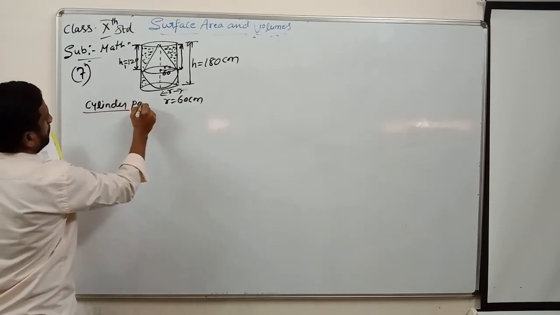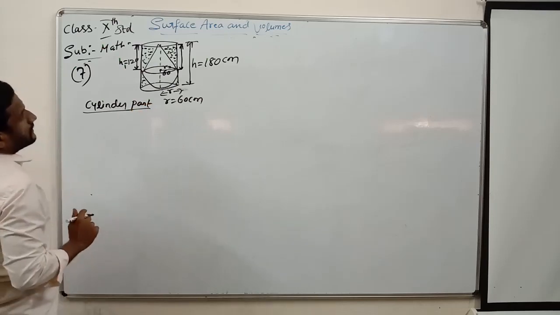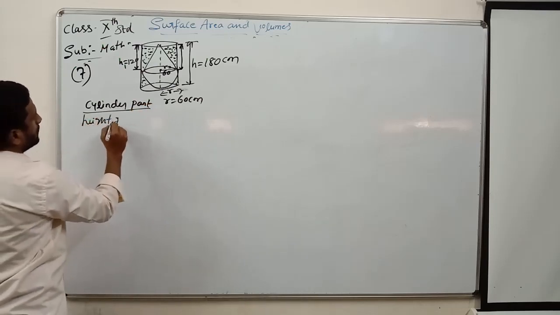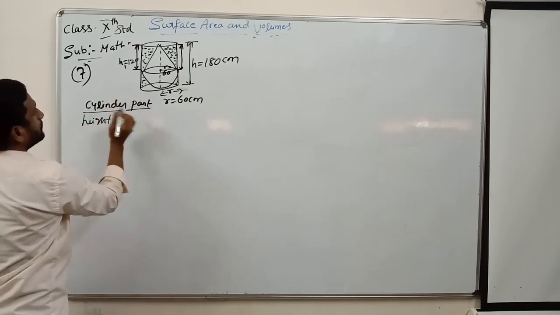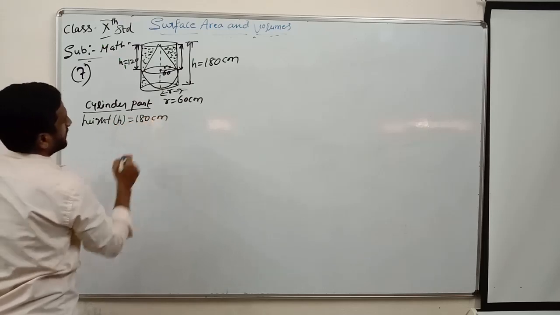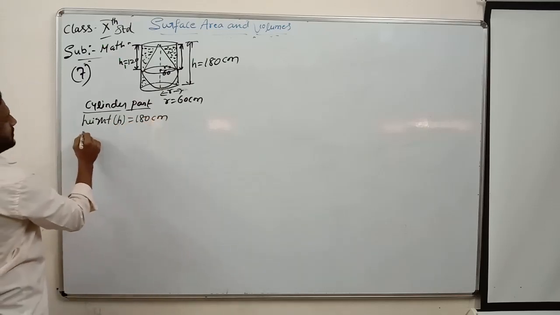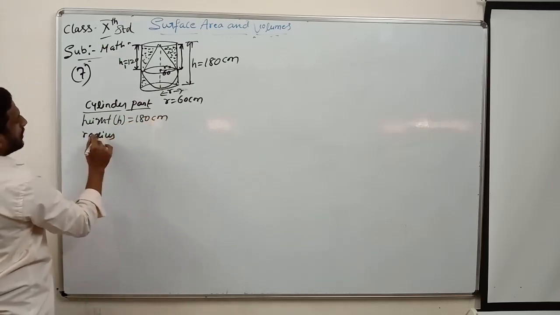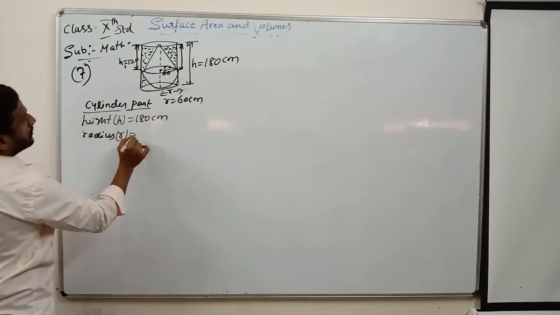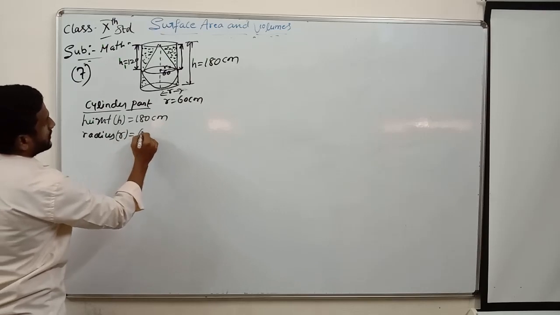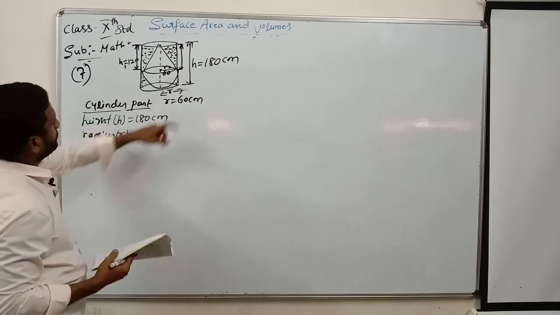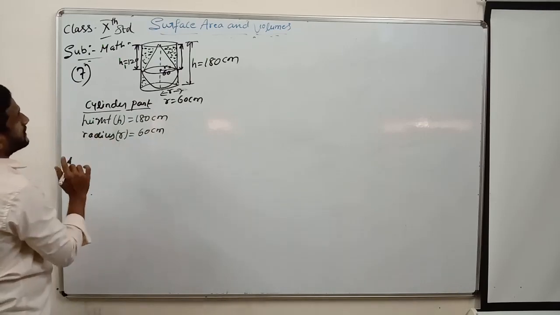Cylinder part: height, small h is equal to 180 centimeter, and radius, small r is equal to 60 centimeter.